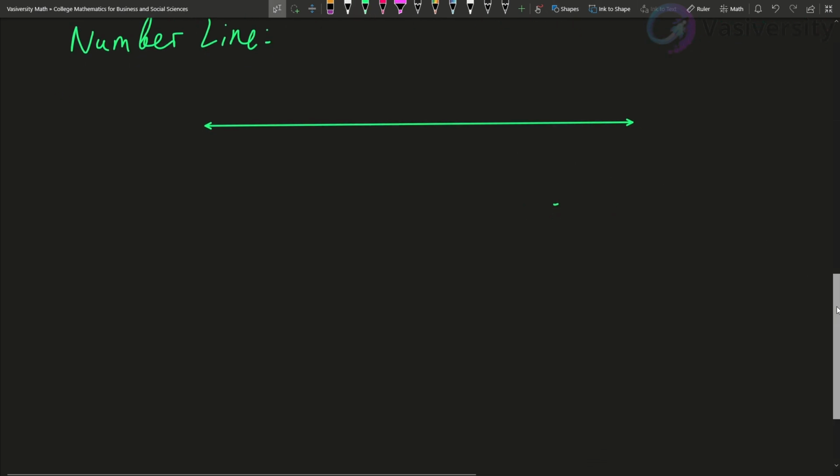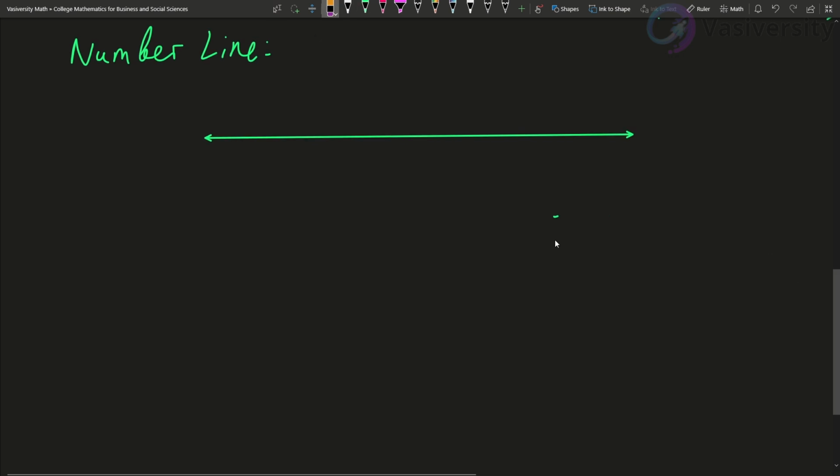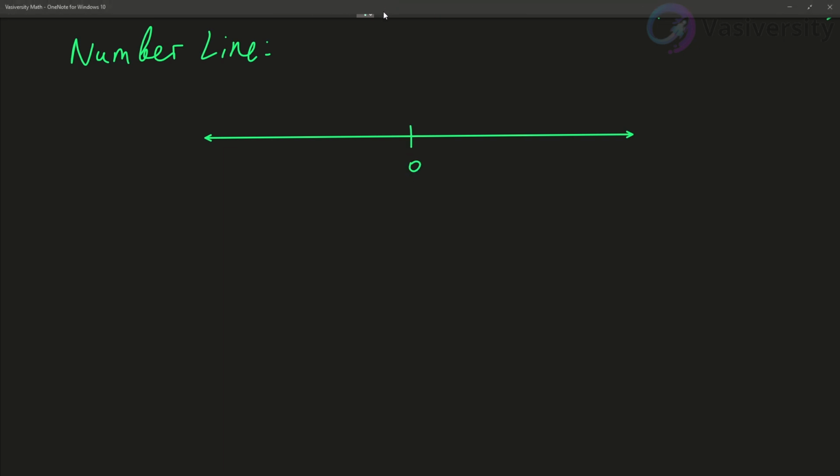How we can distinguish the numbers. So the very center of the number line is going to be 0. On the right side are going to be positive numbers. And on the left side, we're going to have negative numbers. So negative means they are less than 0.